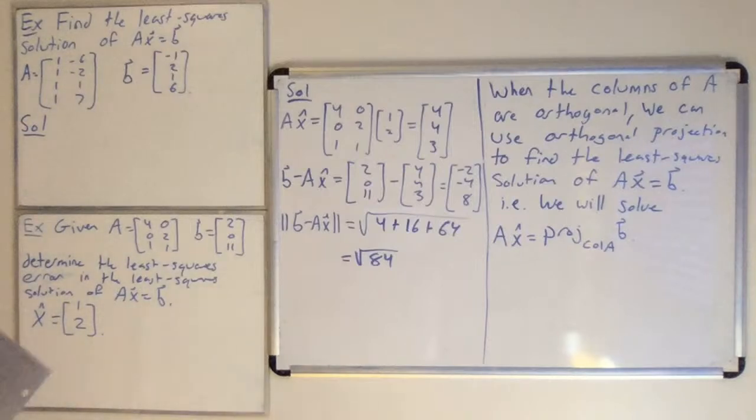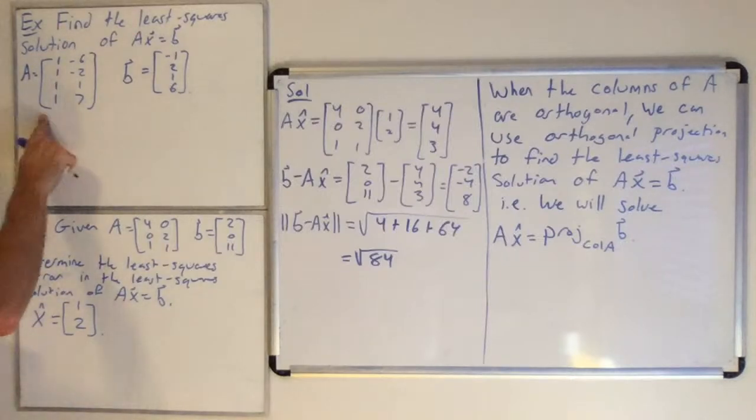So what I want you to do is first show that the columns of A are orthogonal. Can somebody tell us in the chat, how do we show that the columns of A are orthogonal? So I'll write this down.